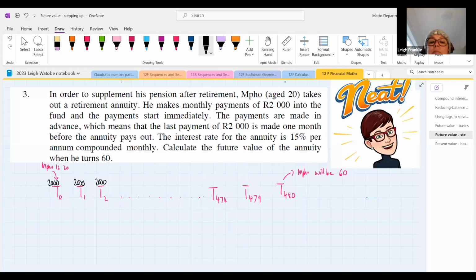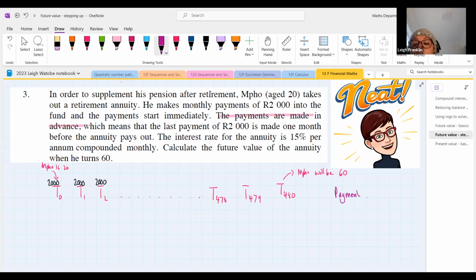If we read the payments are made in advance, what does that mean? No, they don't end early. I'll write it here on the side for you.